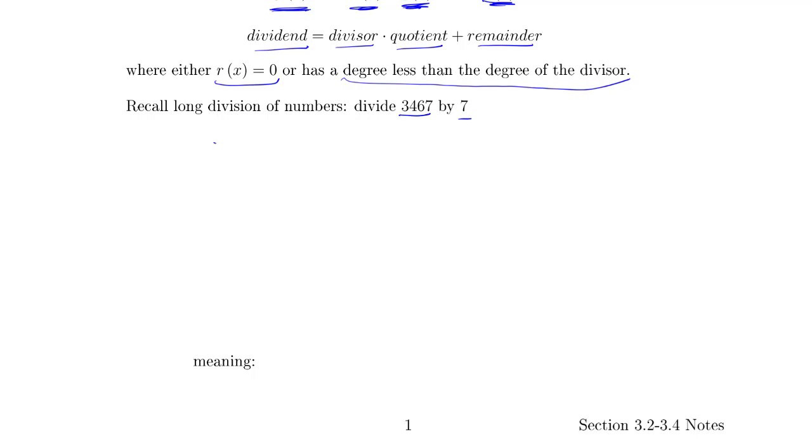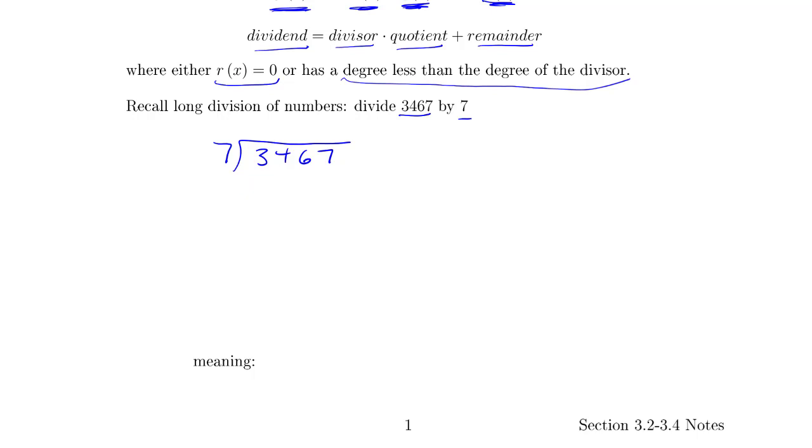You'd write 7 into 3, 4, 6, 7, and ask yourself first, can 7 go into 3? No. So we go further. Can 7 go into 34?